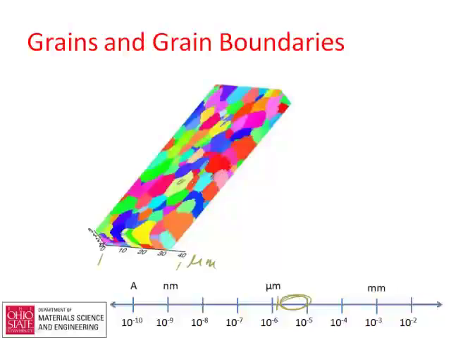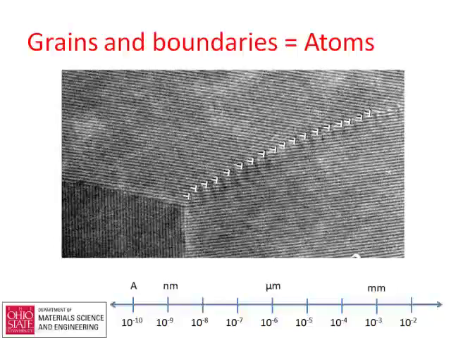And they've got to meet somewhere. So the grains come together, and the areas where they meet are a sort of planar defect. We call those areas grain boundaries. We can go further and actually look at what these grain boundaries look like.